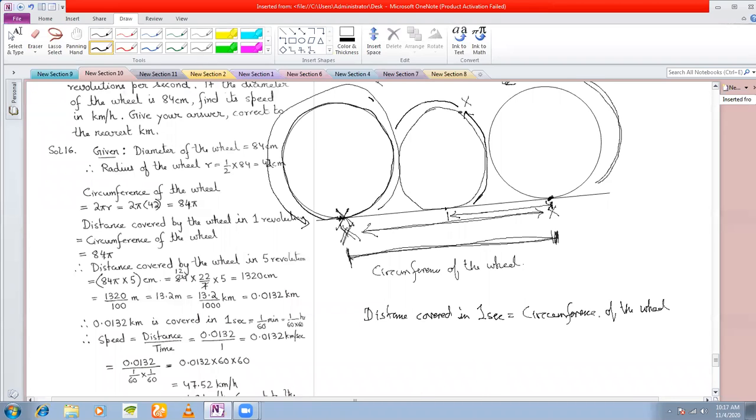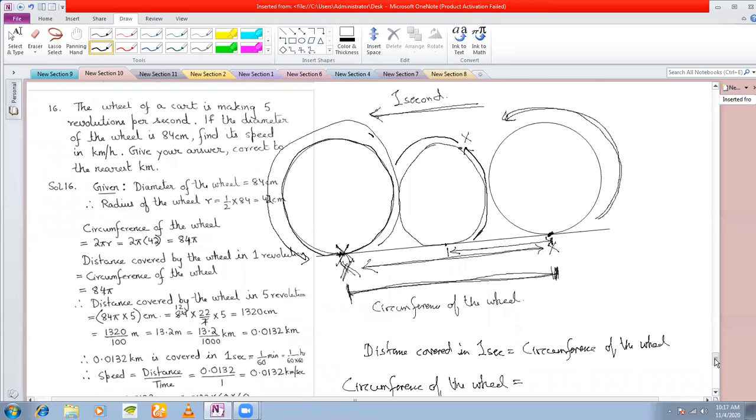Right? So let us calculate the circumference of the wheel. What is given here, the radius? The diameter is given. The diameter of this wheel is 84, so the radius is 42, half of the diameter.